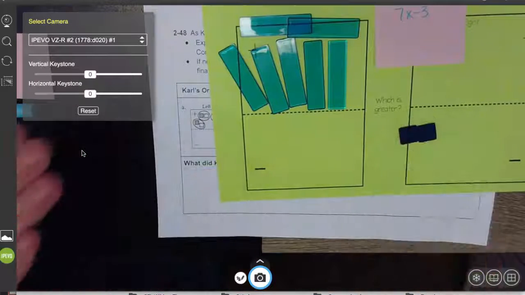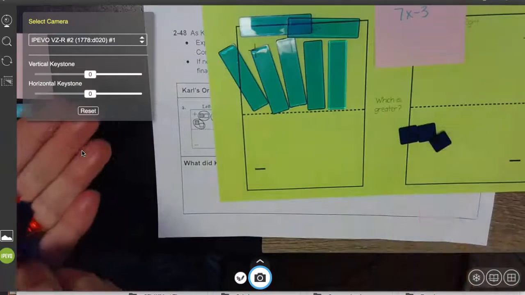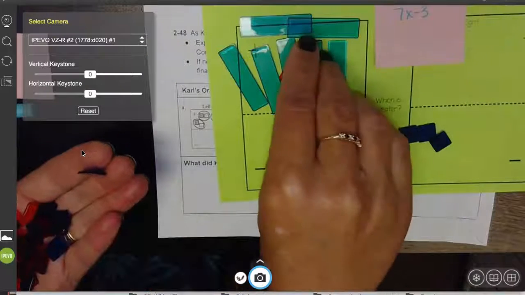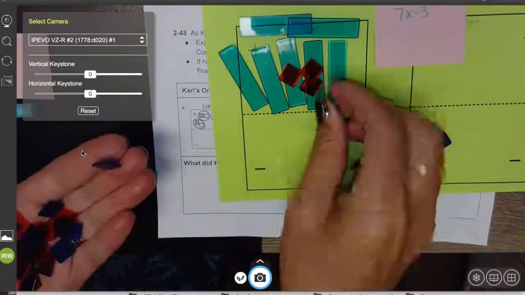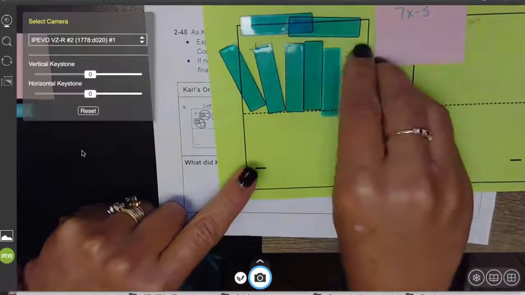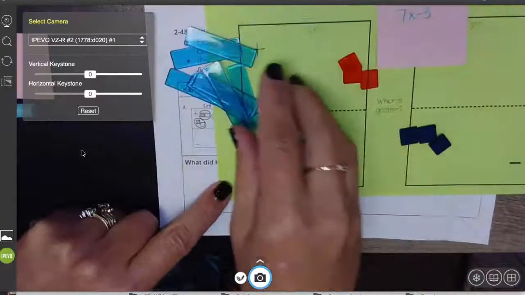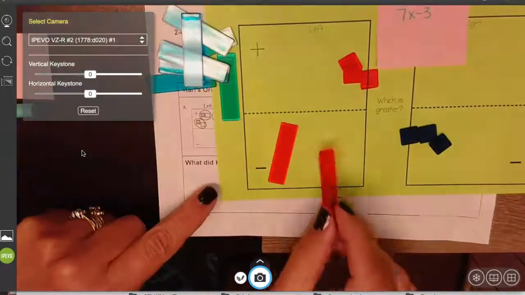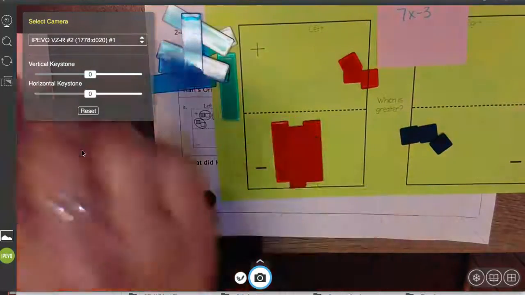Another way to show it would be using 3 red tiles up in your positive area. So that's another way to show that. You could also show your 7x with 7 of the red tiles down in the negative area because this would be a negative of a negative.